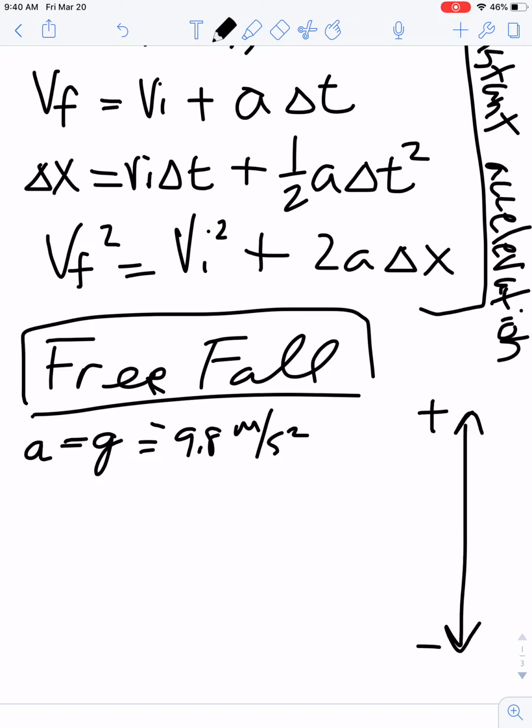Now, when it comes to solving problems with these equations, free fall problems, it's not too different than what you've already done with kinematics. So you're going to do the same process. And so this means that you're going to write your given information. You're going to choose your equation based off of what's missing, as you saw in a couple of my example problems, right?